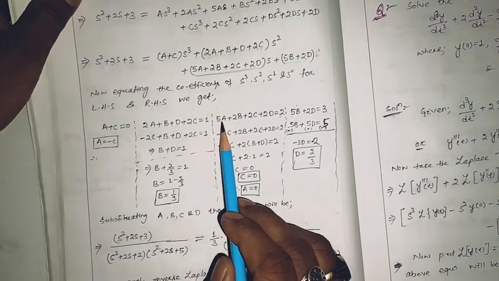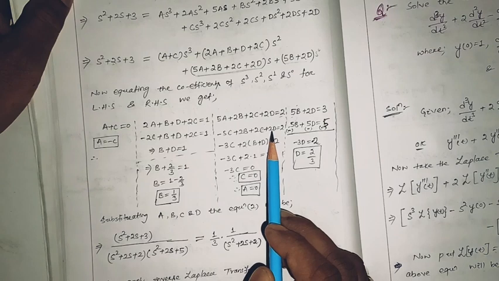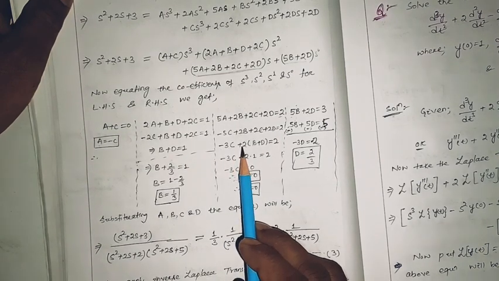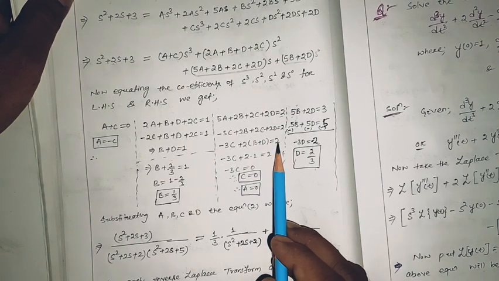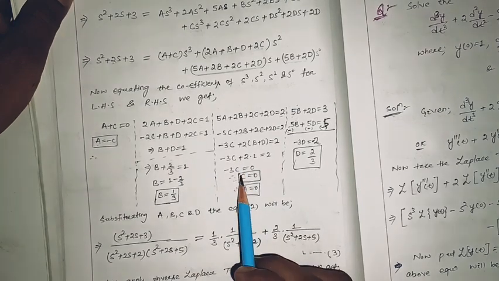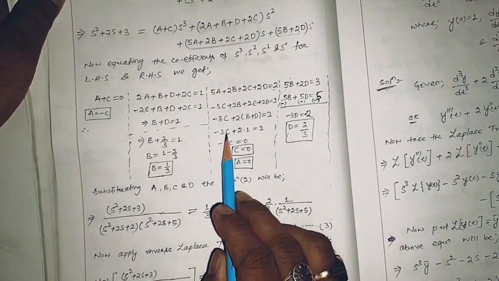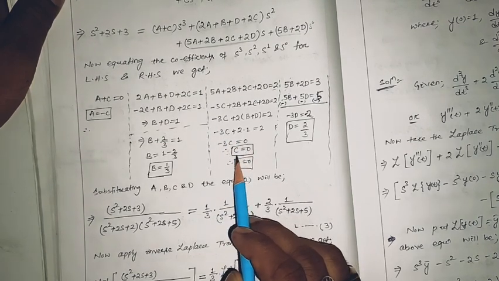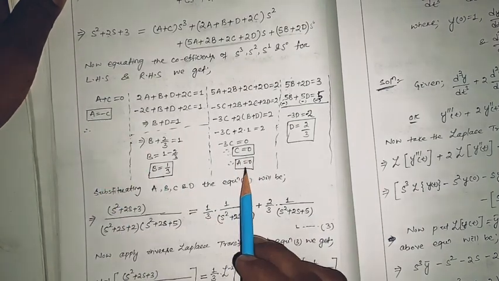Here, considering a as minus c, it will be minus 5c plus 2b plus 2c plus 2d equal to 2. This will be minus 3c plus 2 into (b plus d) equal to 2. b plus d we found 1, so minus 3c plus 2 equal to 2, that means minus 3c equal to 0, c equal to 0. So c equal to 0 means also a equal to 0.